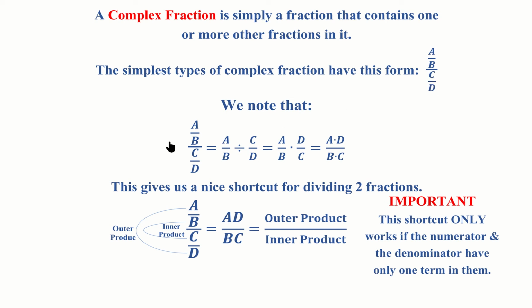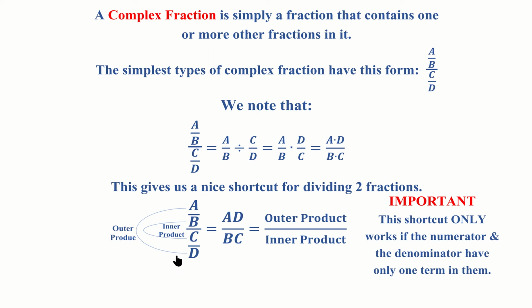fraction. Now with this, we can of course just write it as a division. So a over b divided by c over d. Of course, we know that means we're going to convert the division into multiplication and multiply by the reciprocal of c over d, which is d over c. So we get ad over bc.